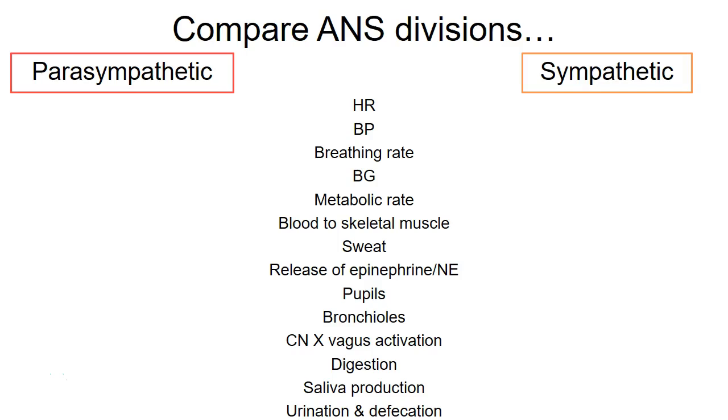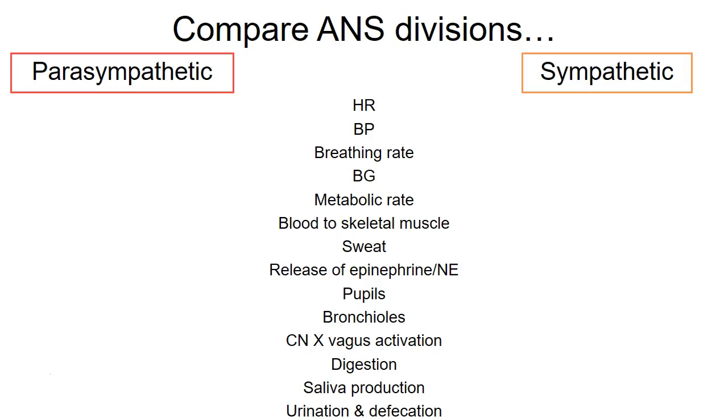Okay. Metabolic rate. For parasympathetic, what would we be expecting here? Should go down. Metabolic rate should go up over here. So hopefully you guys start seeing a trend here. Blood to skeletal muscle should go down with parasympathetic. What about over here? Should go up.